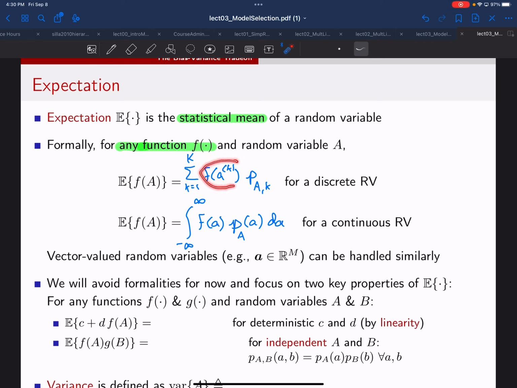You have all the different possibilities the function can manifest as, and now you're just weighting them by the probabilities of that happening. So it's just a weighted sum. And then this, you could say, is just kind of like taking that sum all the way to an integral, in some sense. It's like from the Riemann sum perspective, you can think about it like that. If there's an infinite number of possible things that can happen, that sum turns into an integral, but otherwise you get essentially the same form.